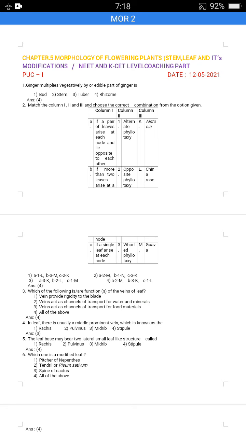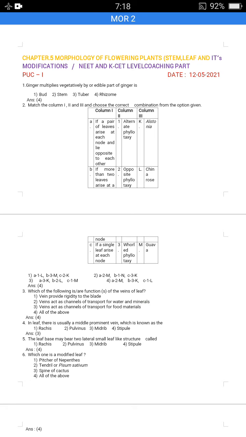Next, let us see opposite phyllotaxy. Opposite phyllotaxy definition: it means a pair of leaves arises at each node and lie opposite to each other. So this is opposite phyllotaxy.